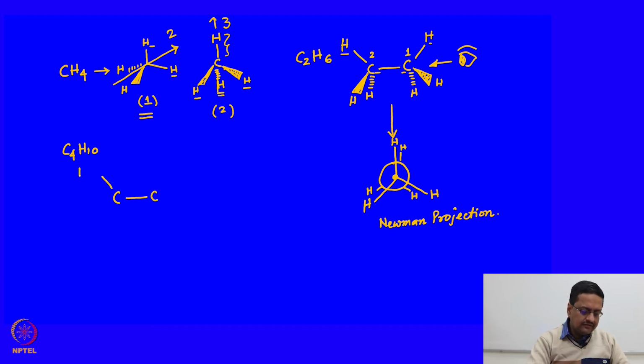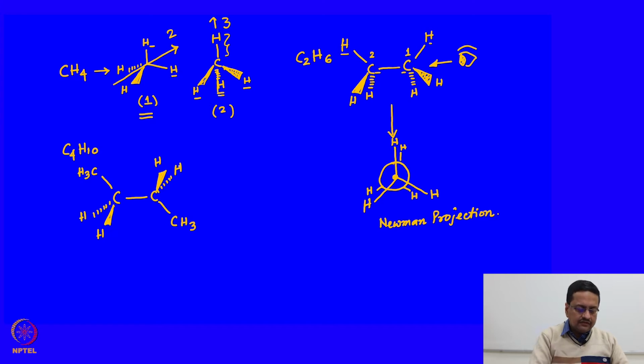Then I can have a methyl group here, the other methyl group is here, and then the hydrogens on the carbon 2 and 3 are marked like that, whereas the hydrogens on this should be identified like that.